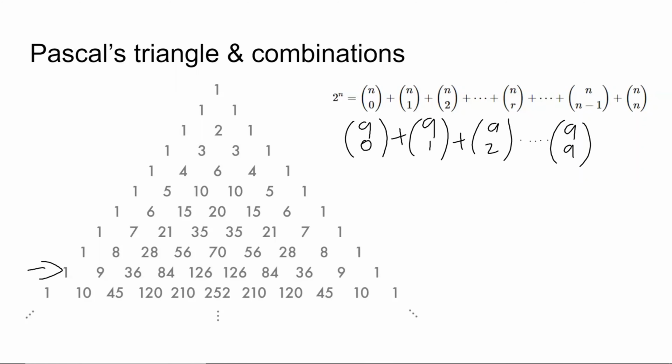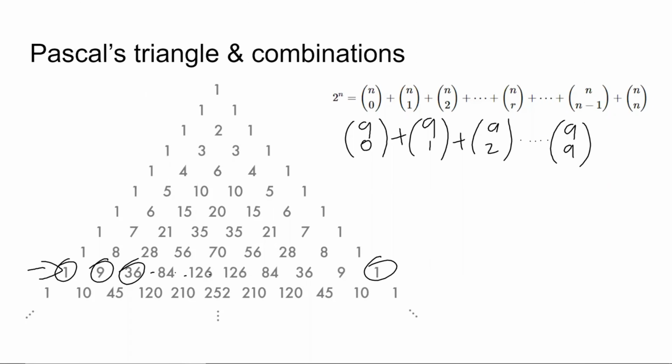Can someone tell me what this means in the triangle? What does 9 choose 0 all the way to 9 choose 9 mean? Right, adding every number in the row, that's exactly right. So this number is 9 choose 0, this number is 9 choose 1, this number is 9 choose 2, all the way to this number is 9 choose 9.